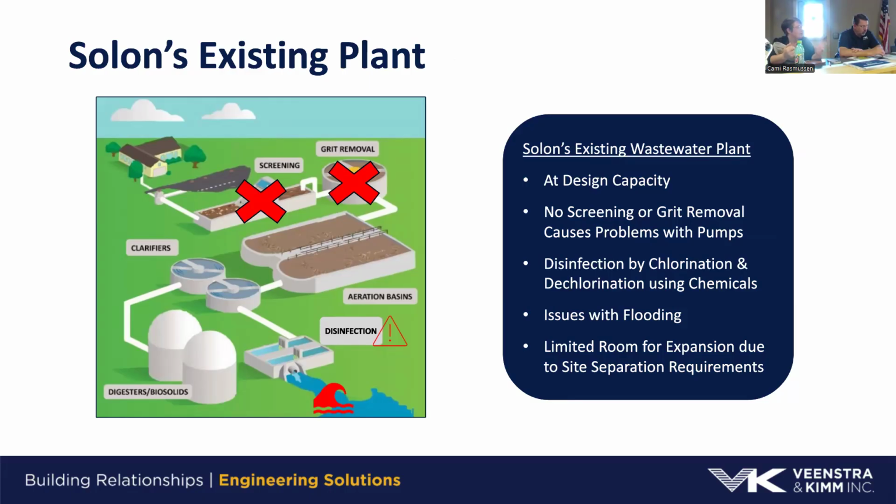Wastewater comes in, goes through these pumps that chop it up and send it directly to the aeration basins. So you're missing the opportunity to remove the solids that are fixed. It also causes some problems with the pumps oftentimes through the process. And solids will accumulate, big chunks and rags and stuff, out in these aeration basins, which is a maintenance issue for the city staff.